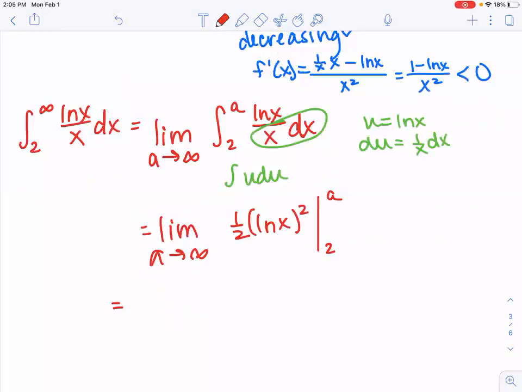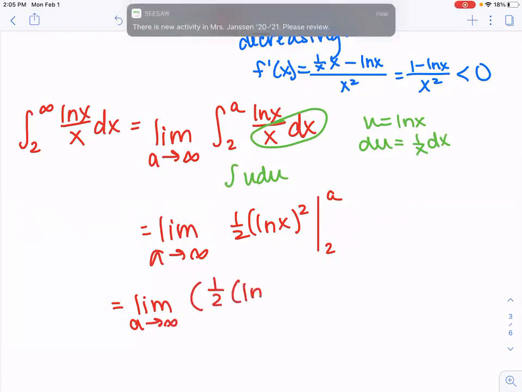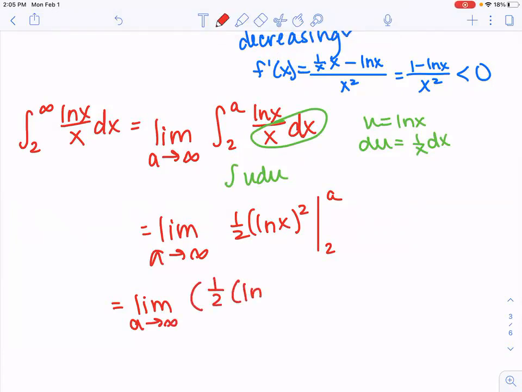Are you okay that I just made this little side note and I went straight to 1/2 natural log of x squared? That's okay. All right. So now we can actually use the fundamental theorem of calculus here. We have 1/2 natural log of a, the quantity squared, minus 1/2 the natural log of 2, the quantity squared.